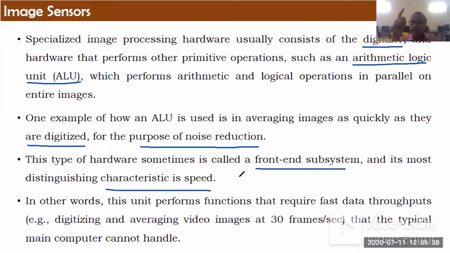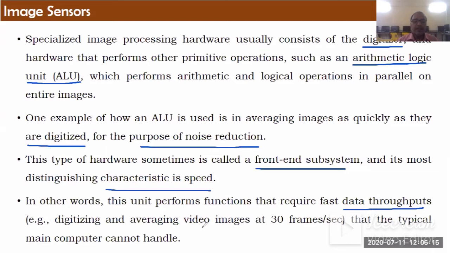Speed is very important because capturing a single image is no problem. But video shooting is nothing but a collection of images. For a second, how many images can it capture? The video quality depends on that. So in a video system or video camera, the unit performs functions that require fast data throughput.